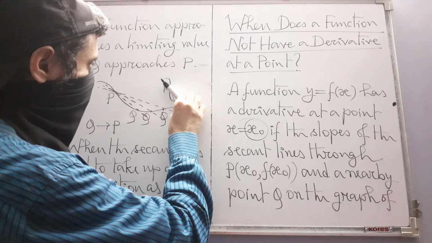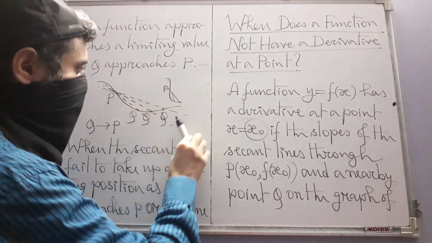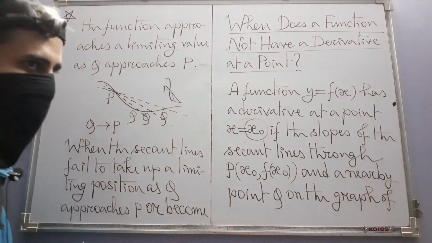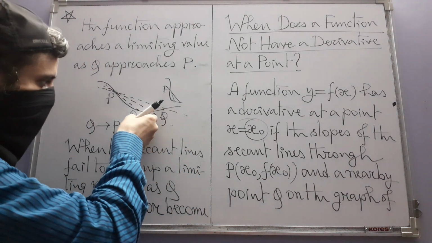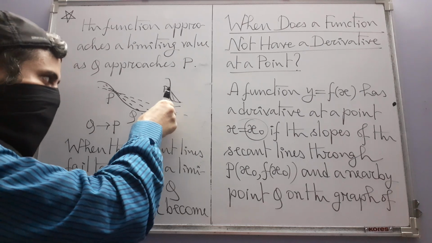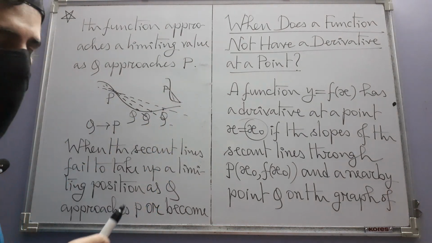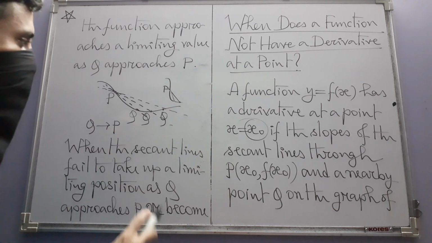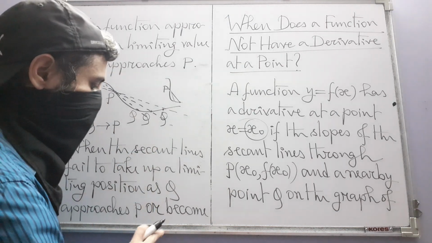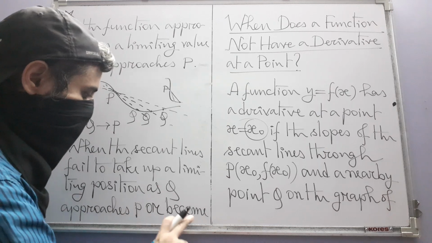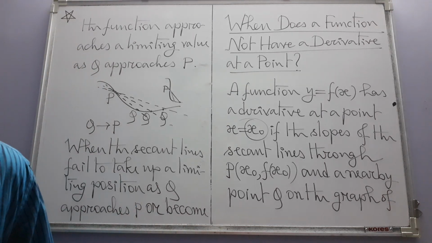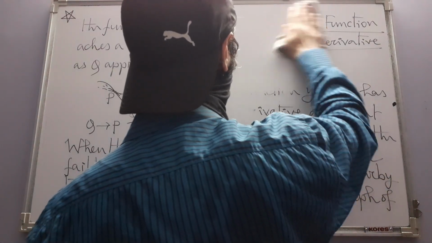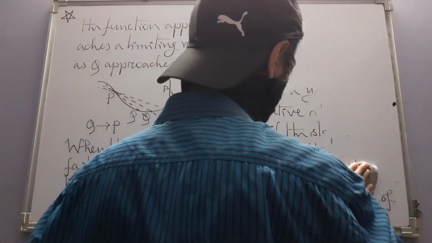In this case, the slope will approach minus infinity because all these lines have negative slopes. But if the lines were like this, and then from that position they were becoming vertical gradually, then the slopes will approach plus infinity. So that can also happen. Geometrically, the secants gradually become vertical. Then also the derivative doesn't exist.